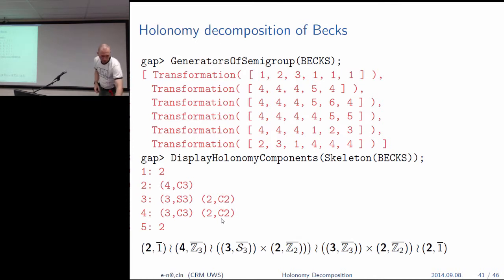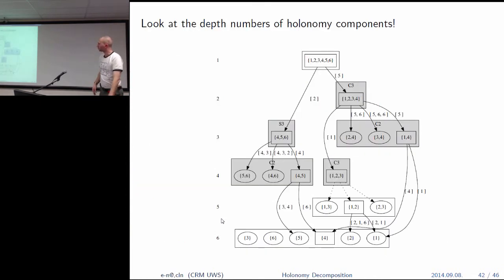Okay, let's have a look. On the top level, we can decide whether we will do S3 on 4, 5, 6, so that will be a subcomponent, or we do the other side and we consider 1, 2, 3 as an approximation, and we will do Z3 on that.